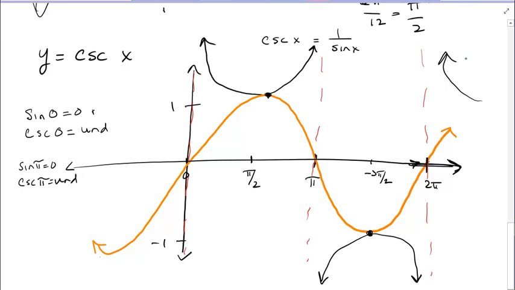So here's what's going to happen when it comes to a sine graph and a cosine graph. You're going to have to do them fully, of course. But when you are given a cosecant or a secant on the test, what I am looking for is, can you sketch it based off of the reciprocal function I give you?